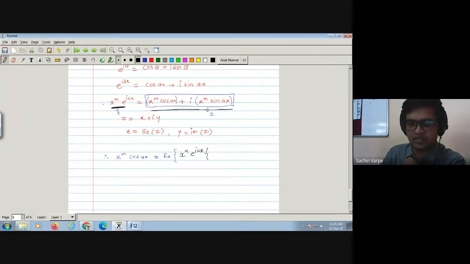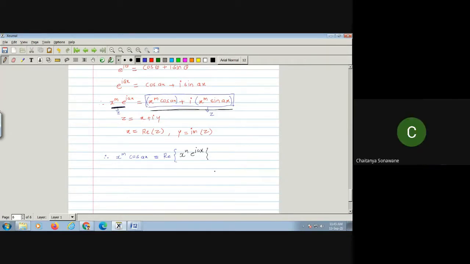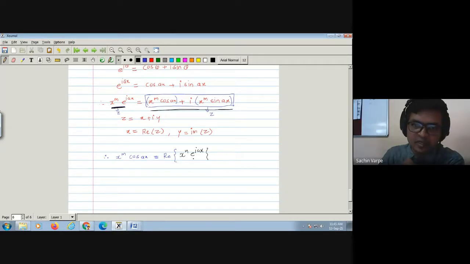Is this clear? Yes, sir. So x raised to m cos ax is the real part of this, and x raised to m sin ax is the imaginary part of that complex number x raised to m e to the power i ax.